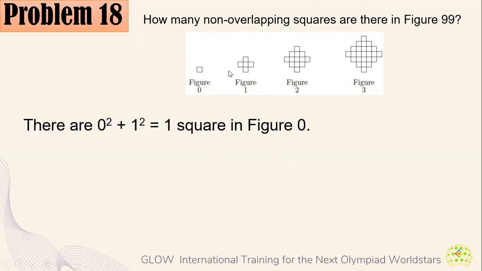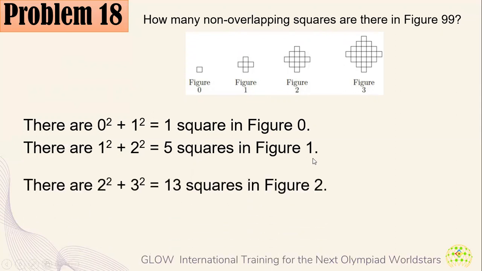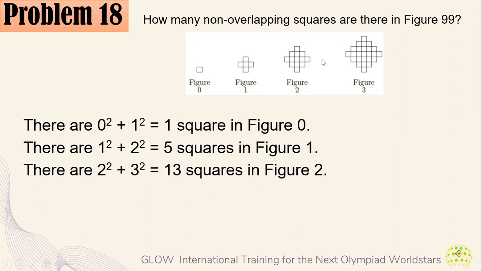This one, we have 1, 2, 3, 4, 5. But you could see that 5 is 1 squared plus 2 squared equals 5 squares in figure 1. If you are in figure 2, if you count individually, there are 13 of them. But that in figure 2 is 2 squared plus 3 squared.